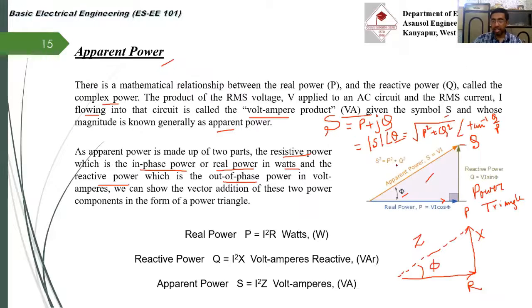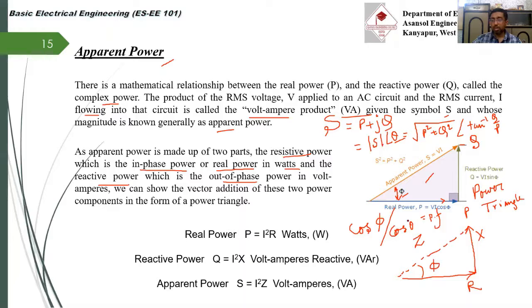So here you can see this is the angle. The cosine of the angle is called the power factor, either cos phi or cos theta, whatever notation you want to use. So cos phi or cos theta is called the power factor.